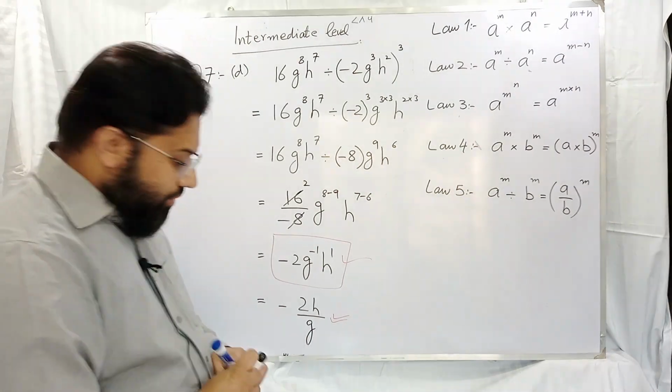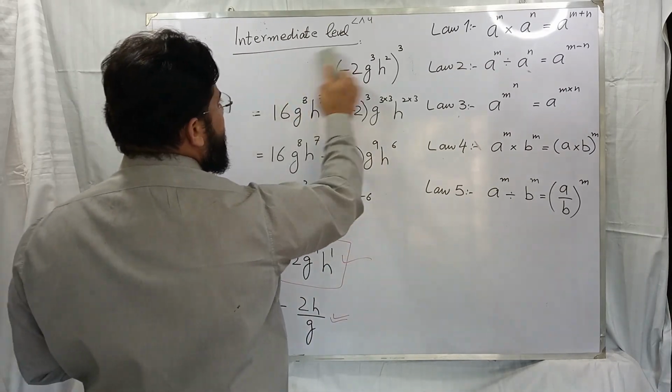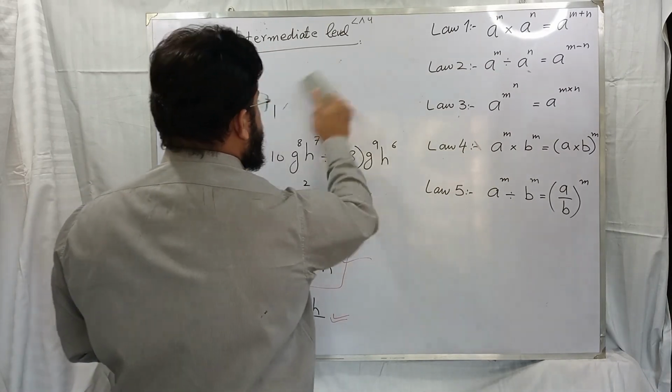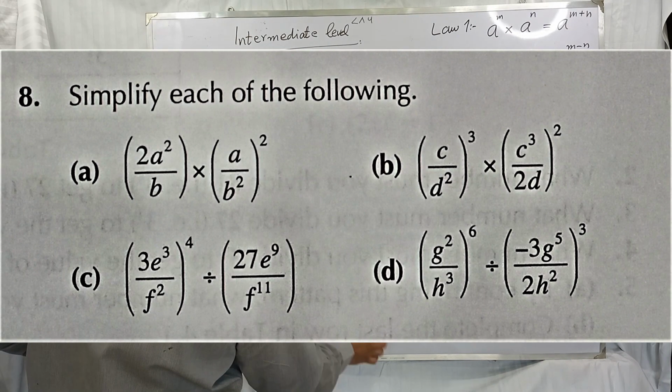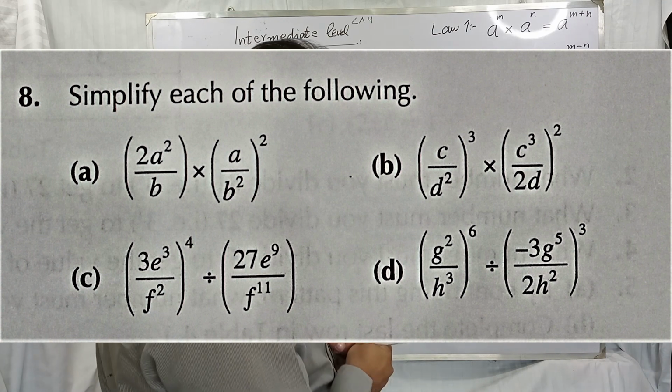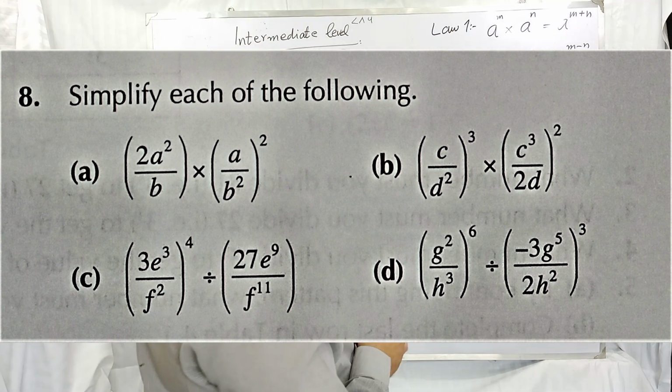Now move to the last question of this exercise, of this intermediate level. Question number 8 says simplify each of the following.